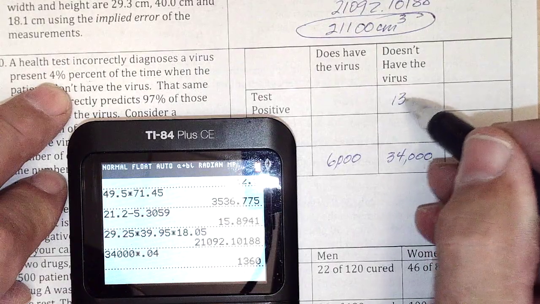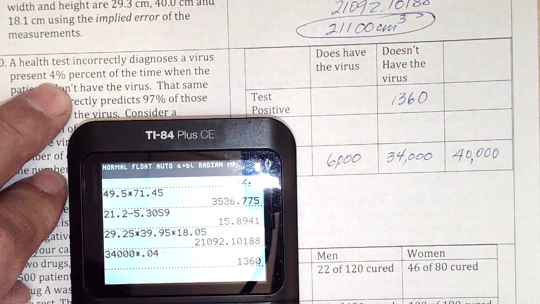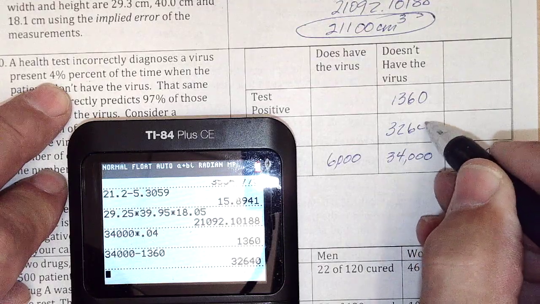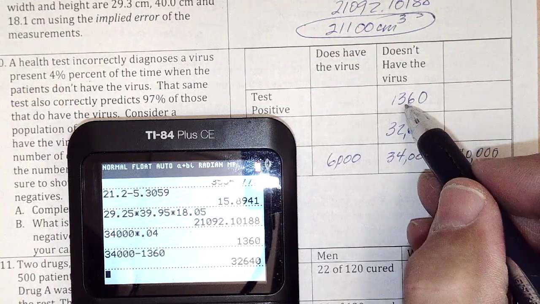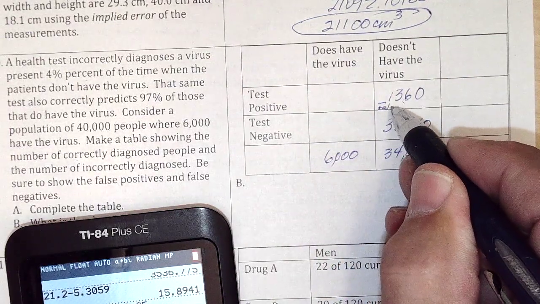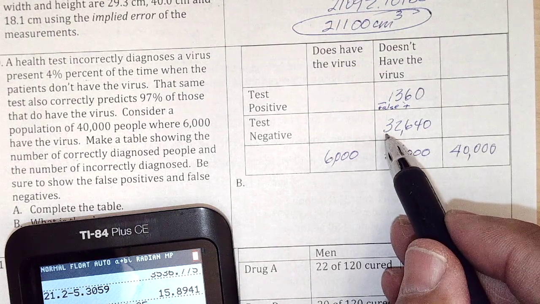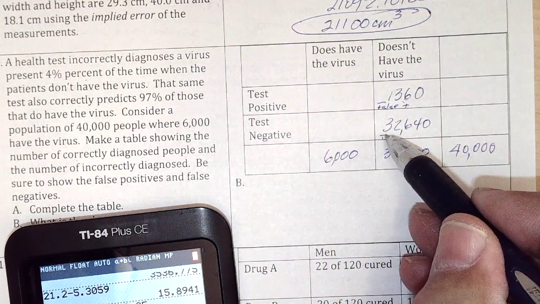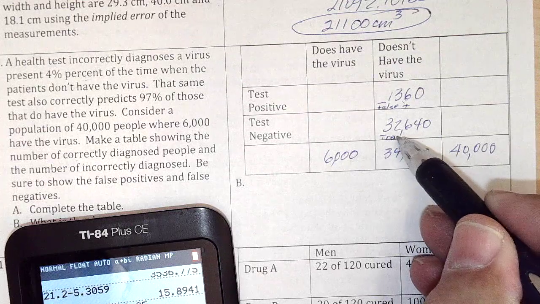So that's 1360 goes here, and 34,000 minus 1360 is 32,640. So these are the false positives. And this is a true negative. Doesn't have it, and it's a true negative. Just to make a note.